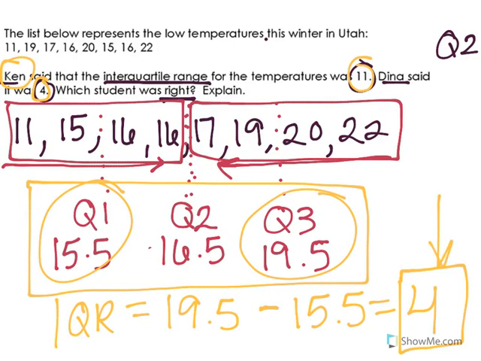Therefore, Dina is correct. Dina is correct because she followed all of the steps that we did. She found her quartile 2, then her quartile 1, then her quartile 3, and then found the difference between quartile 3 and quartile 1 to find an IQR of 4.